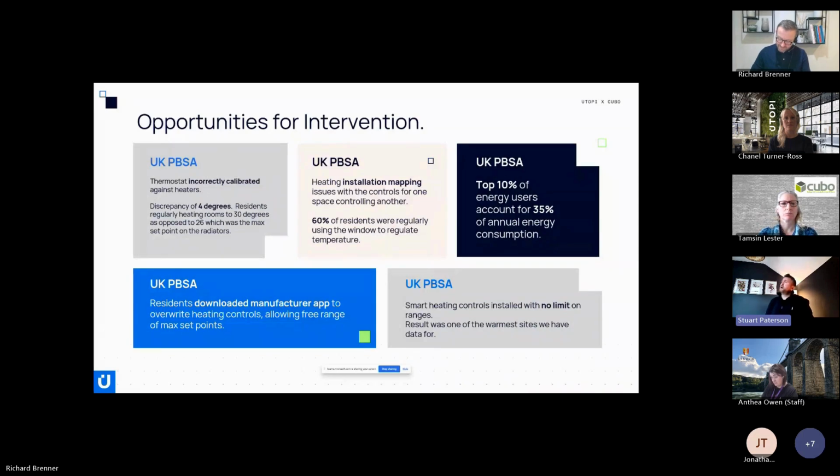Another interesting one that we found, which was in an asset in Belfast in Ireland actually, was that when the heating system was retrofitted in that asset during an upgrade, the mapping was slightly out. So the thermostat in one room was controlling the heater in another.